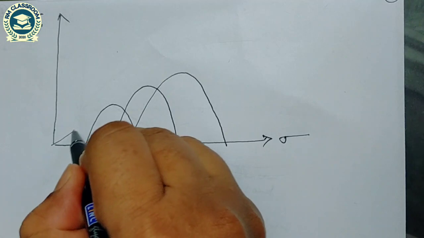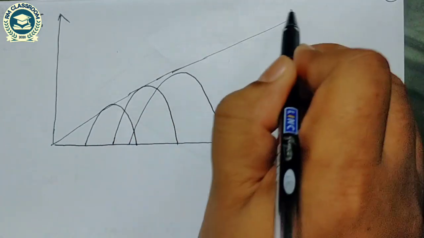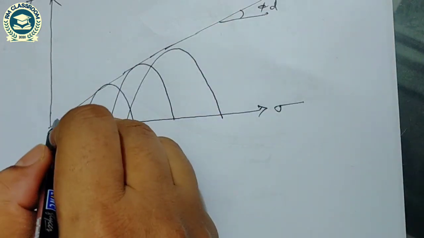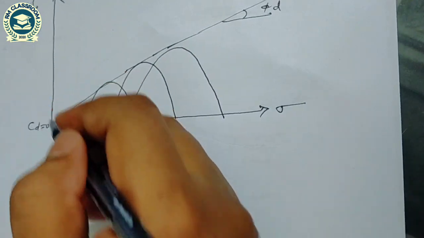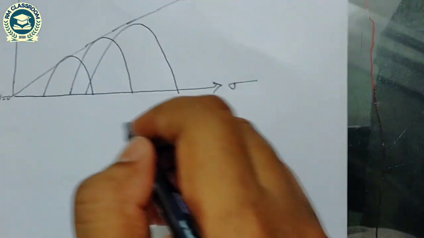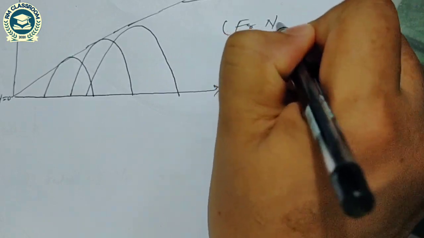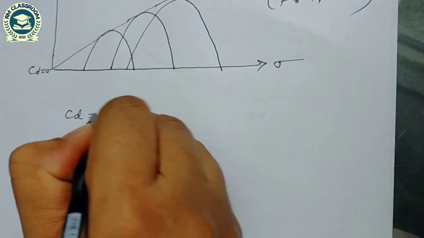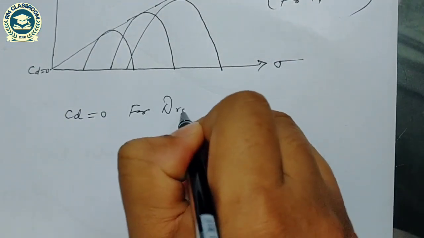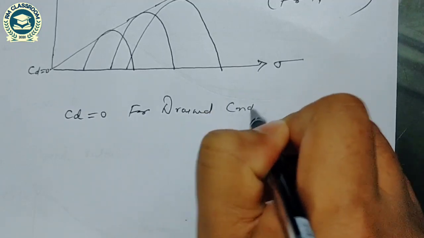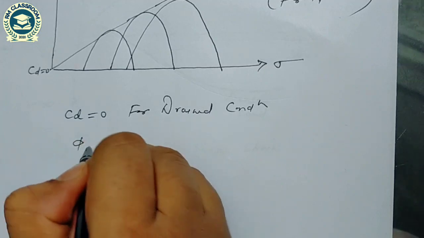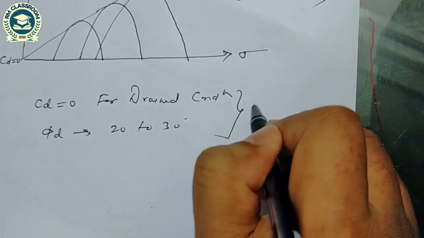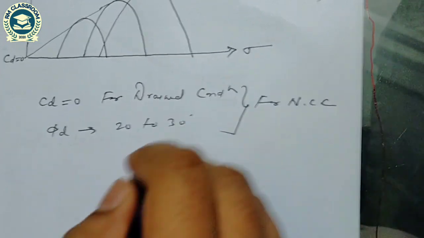If I draw a common tangent on that, the slope of this common tangent gives phi d and the intercept gives CD, which is equal to 0. This test is for normally consolidated clay, where CD is equal to 0 for drained condition, that's why it is called drained cohesion, and phi d is the drained angle of internal friction, 20 to 30 degrees. These two values are for normally consolidated clay.